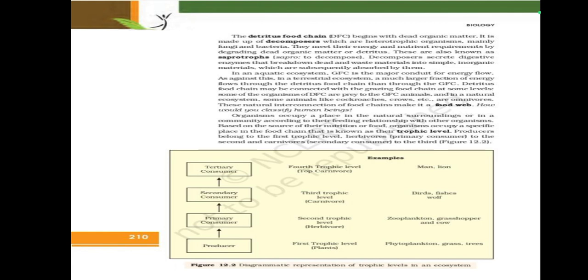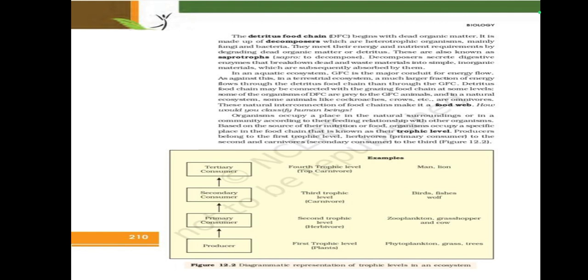In an aquatic ecosystem, GFC is the major conduit for energy flow. As against this, in the terrestrial ecosystem, a much larger fraction of energy flows through the detritus food chain than through the GFC. The detritus food chain may be connected with the grazing food chain at some levels.